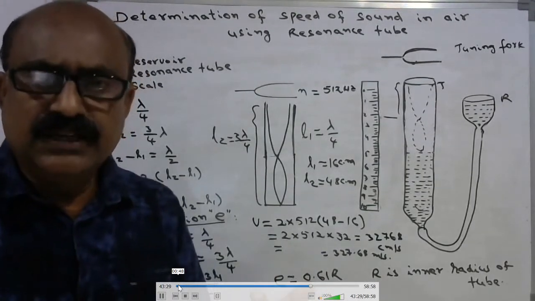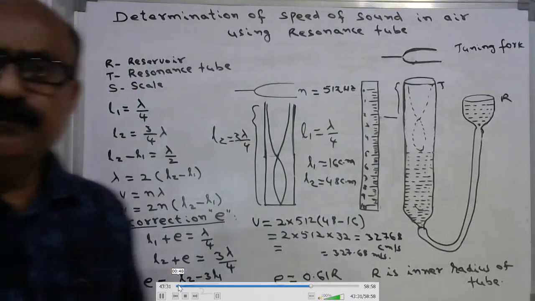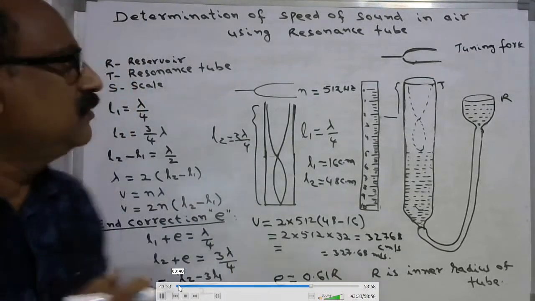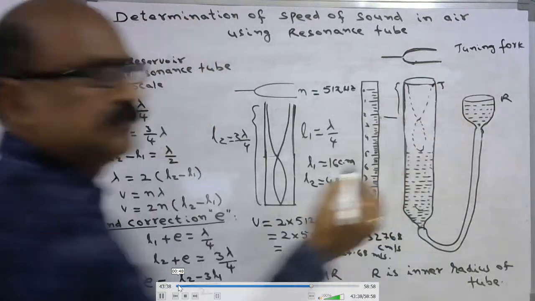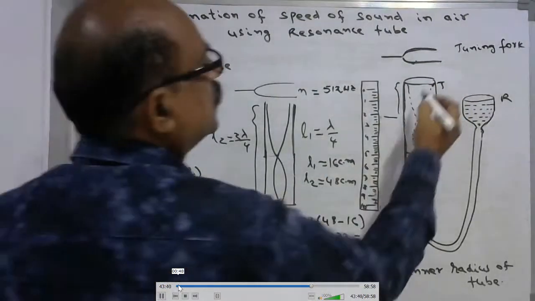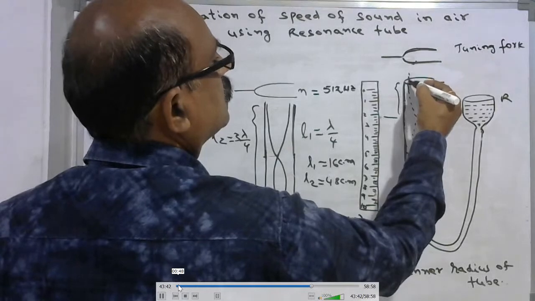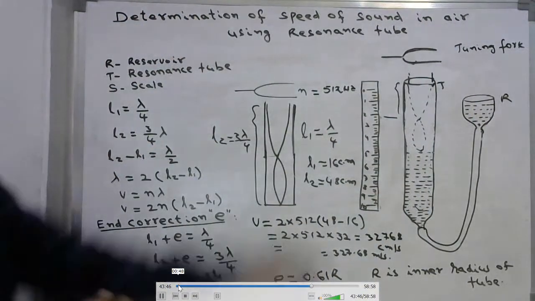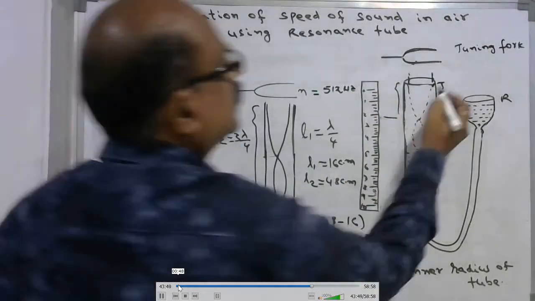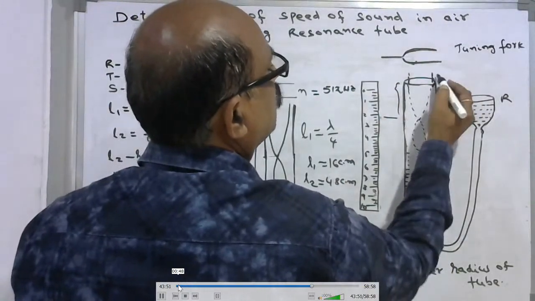And now let us see that the waves are actually not formed exactly at the open end. The stationary wave will form a little bit above the open end. So we are not measuring this particular part of the length.